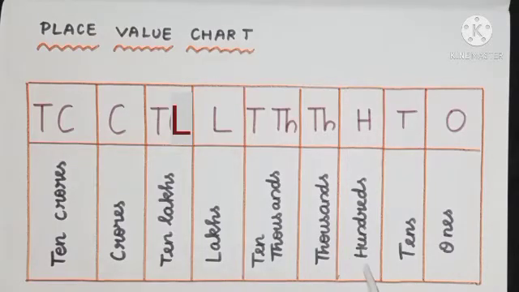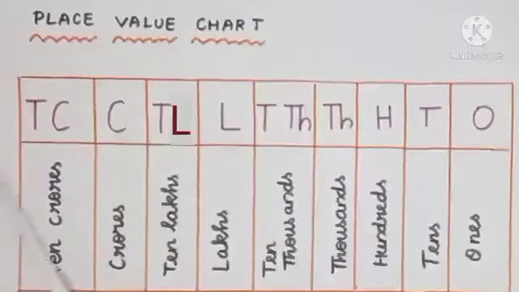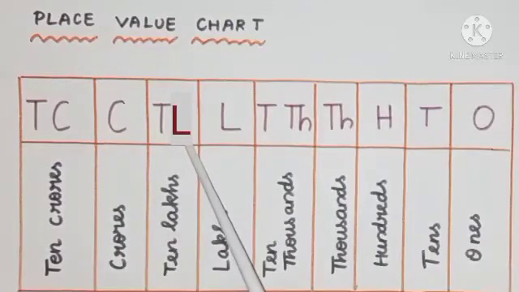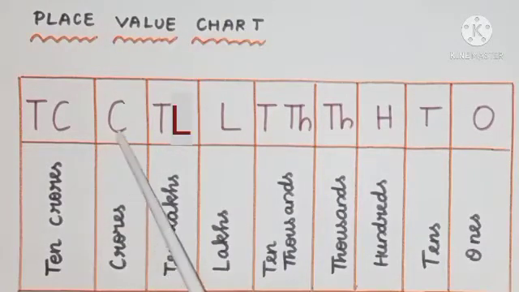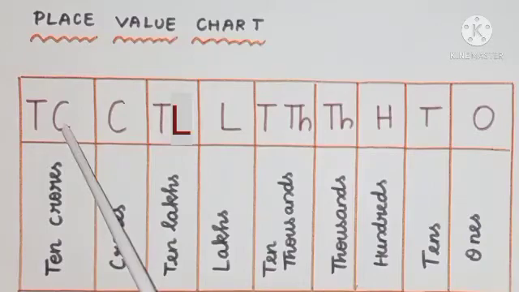The ones place can be represented by the letter O, tens place by T, hundreds place by H, thousands place by TH, 10,000s place by TH, lakhs place by L, 10 lakhs place by TL, crores by C, 10 crores place by TC.